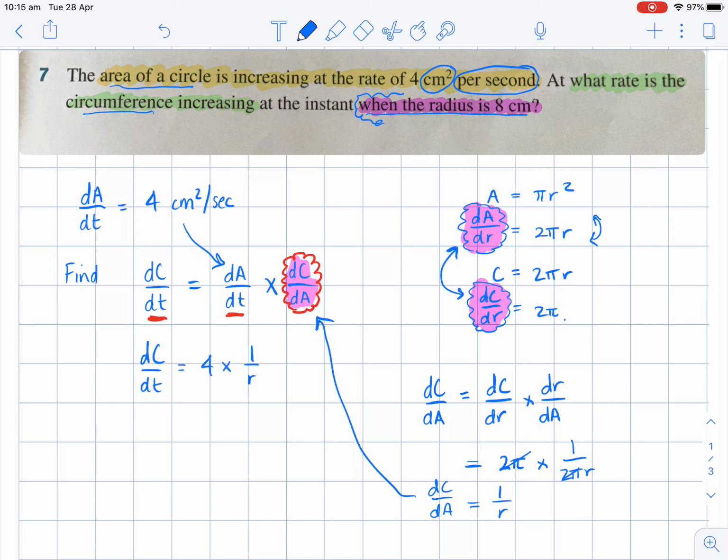And then, as I mentioned, when the radius is 8, we usually wait and leave the substitution till the end. I'm going to put that into my expression now. 4 times 1 on 8, which equals a half. And this is my change in circumference with respect to time.